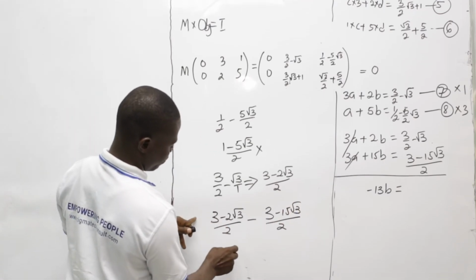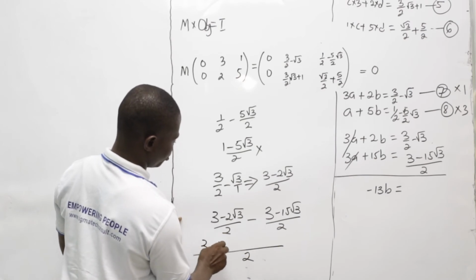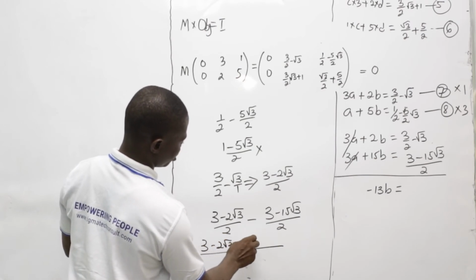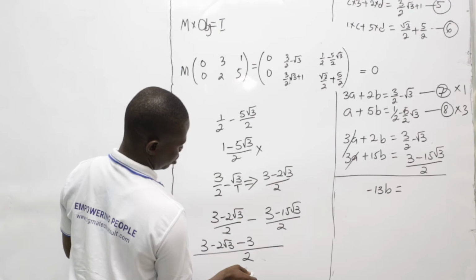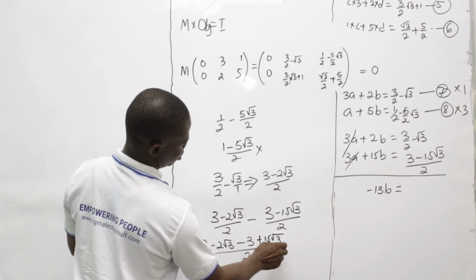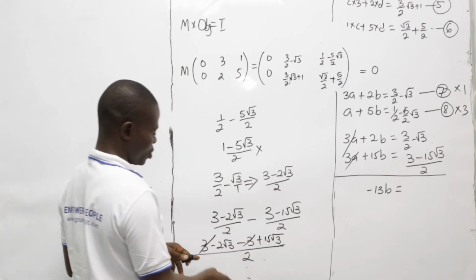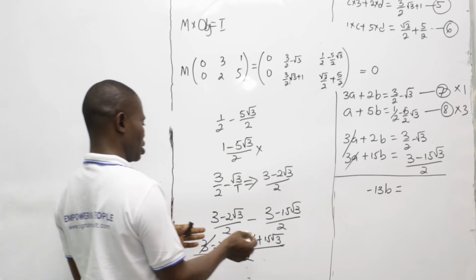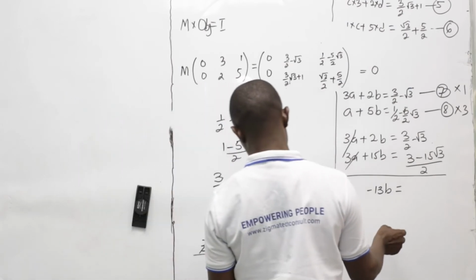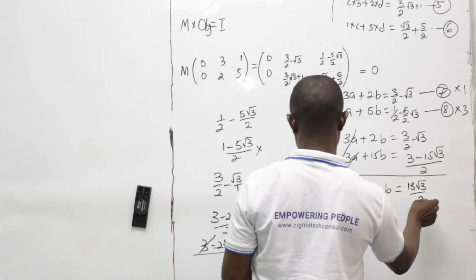We will have, this 2, 3 minus 2√3 minus 3 plus 15√3. This minus this gone, minus 2 plus this, meaning 13. That is 13√3 all over 2.